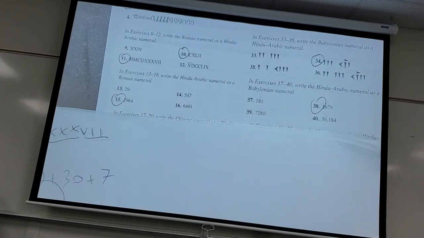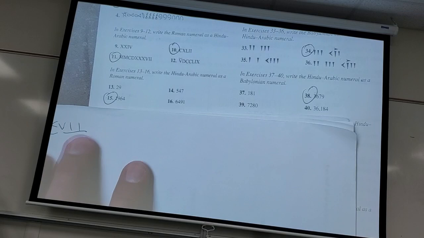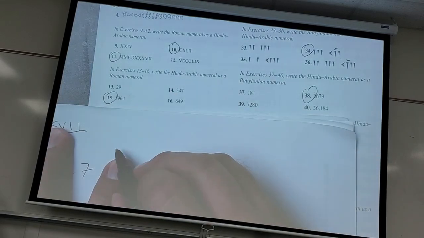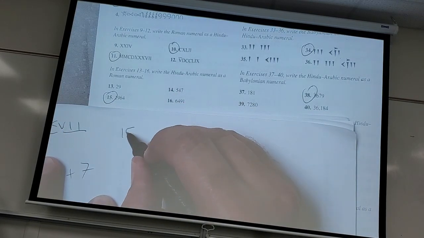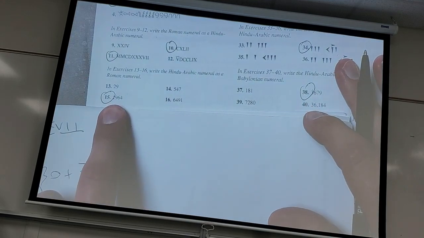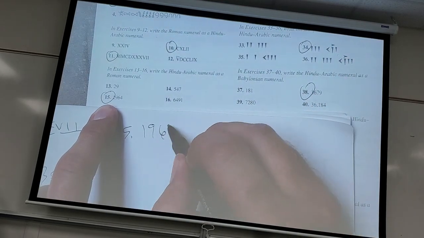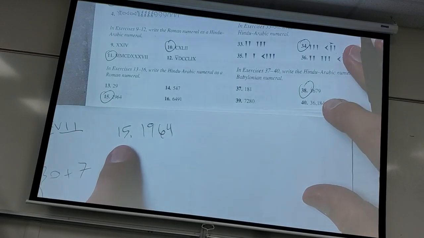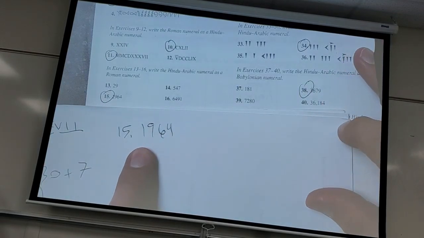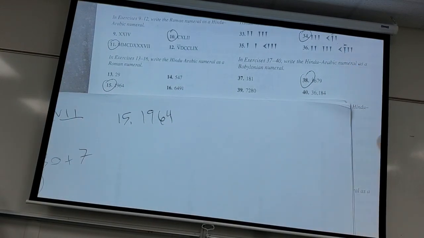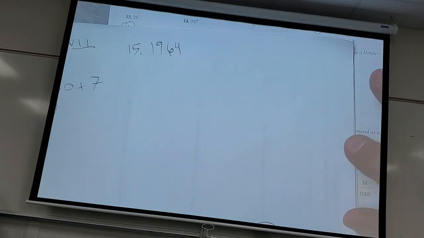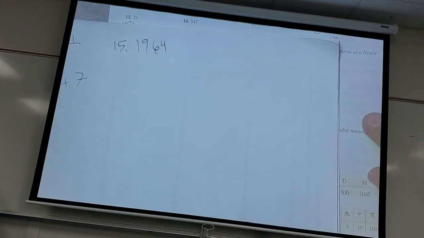Okay. Number 15. Now we've got to go backwards. What is that, 1964? I want to write this as a Roman numeral, so I don't think we went backwards yet with Romans. What do you think you have to look for to be careful about?